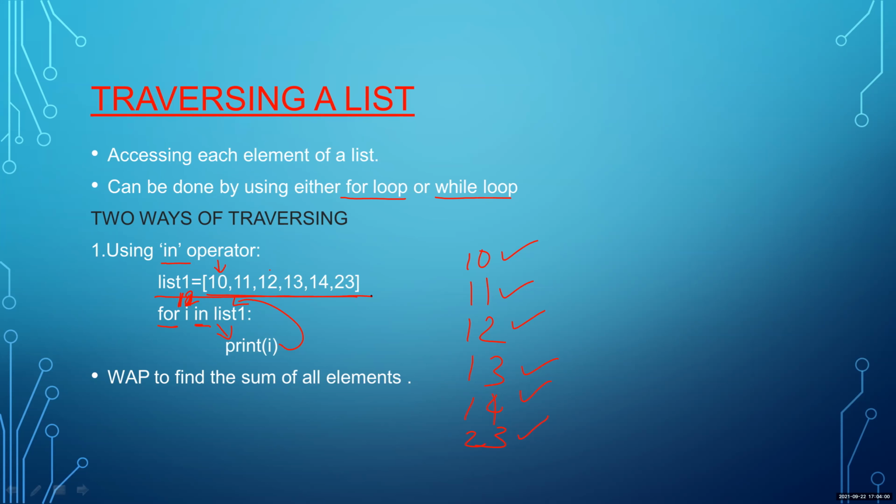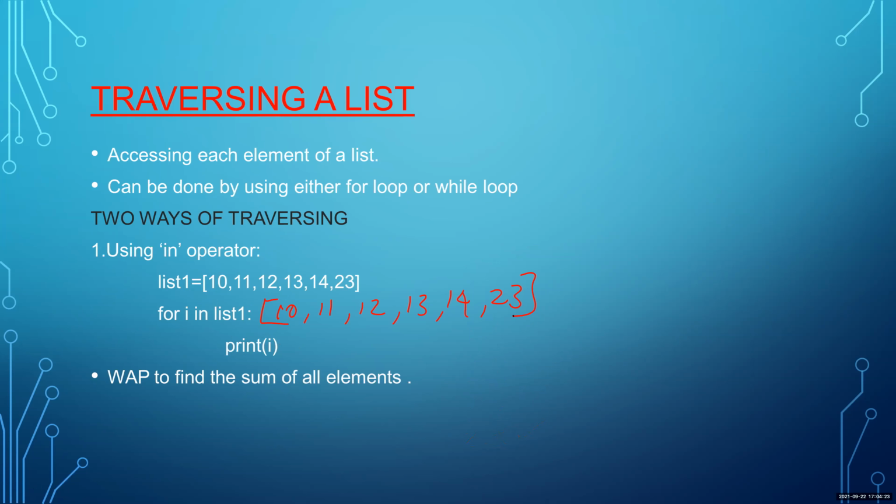Then for I in list1 means, within this list1, which are the contents? Which are the contents of this list1, Amal? It is 10, 11, 12, 13, 14, 23. Correct.